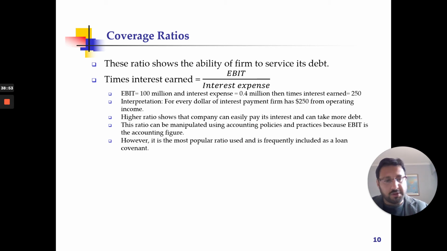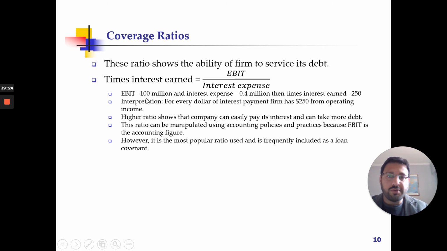The most frequently used and the most important one, even though it has a limitation, is times interest earned, which is EBIT, the operating income, divided by the interest expense. Why am I not giving the Lululemon example? They have some interest expense because of the revolving credit, but I do not find this ratio very reliable for Lululemon, and I'll show you on the Excel sheet later on.